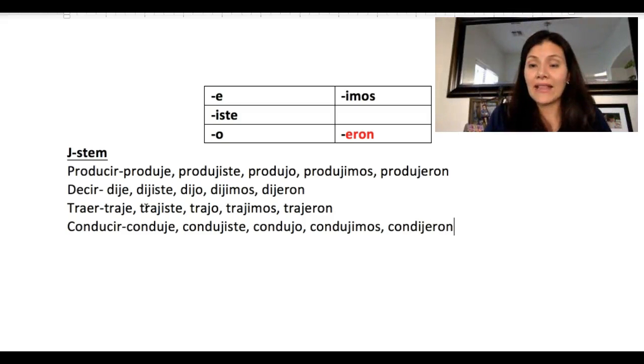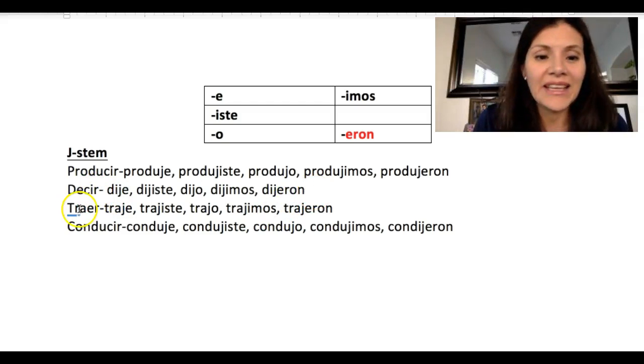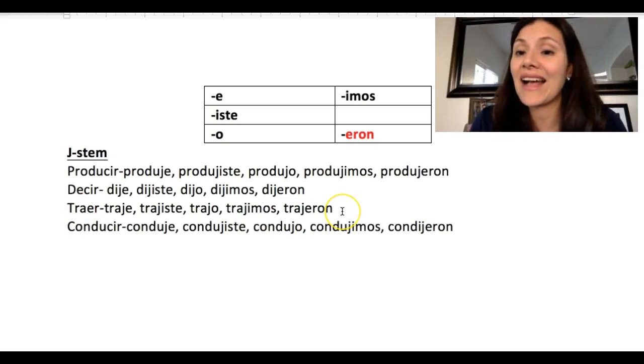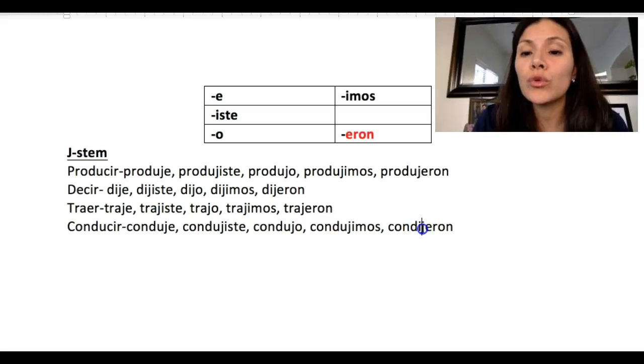But notice that the ellos, ellas, ustedes form never has that I sound in it, which is why we pronounce the verb decir as dijeron. Traer, trajeron. Conducir, condujeron.